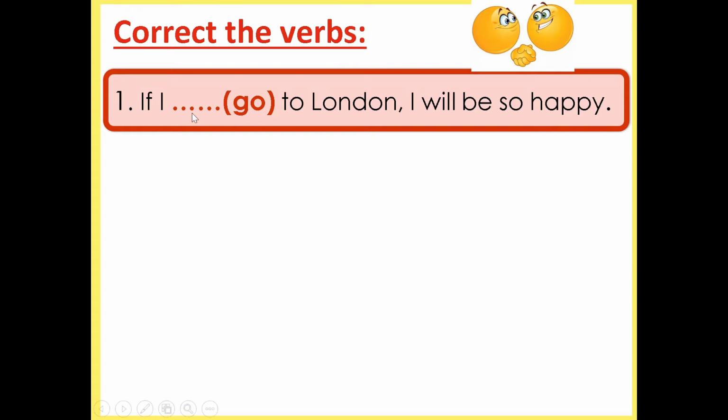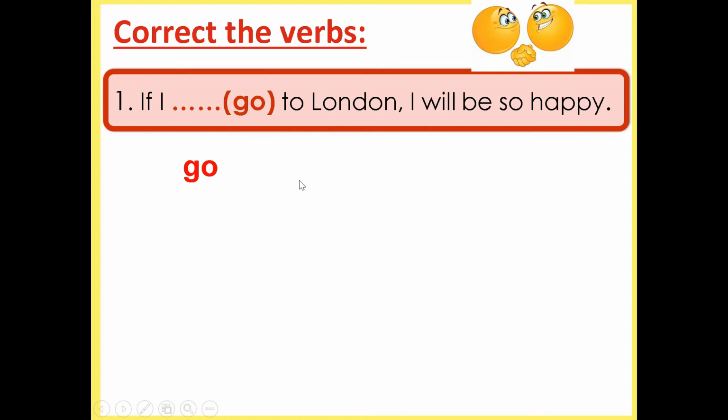Here, I have the subject I, so we shouldn't add s to the verb, so it's still go. If I go to London, I will be so happy. But if I change the subject I and put he or she or it, the verb go turns to be goes.